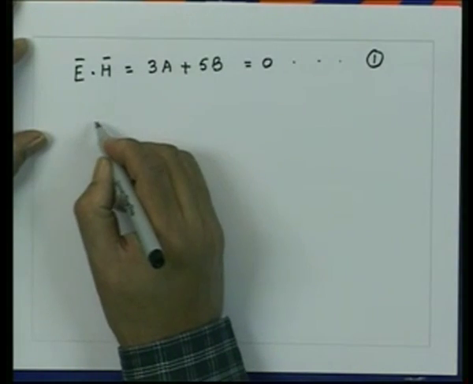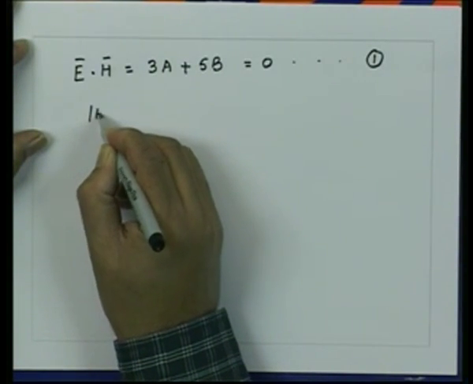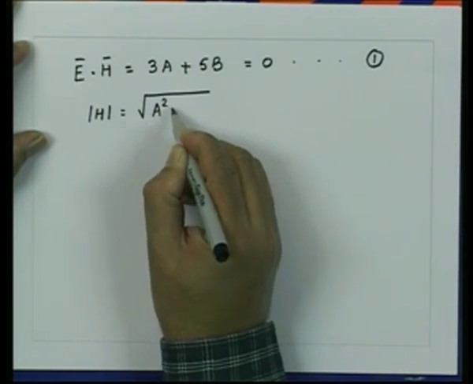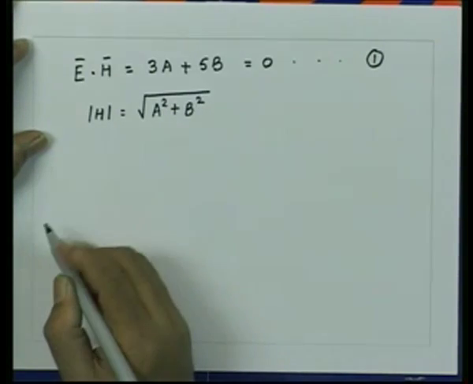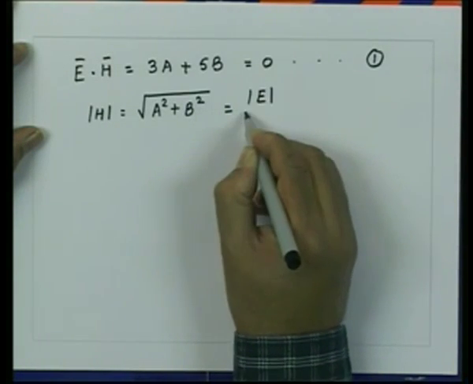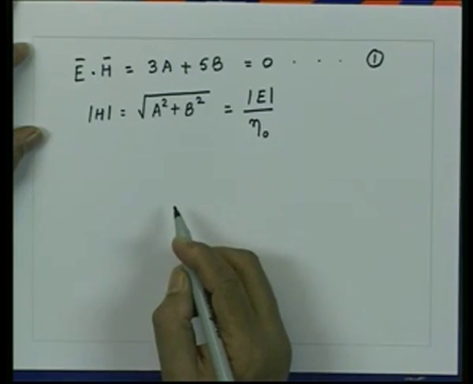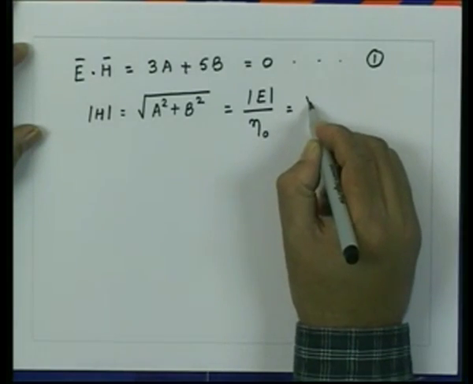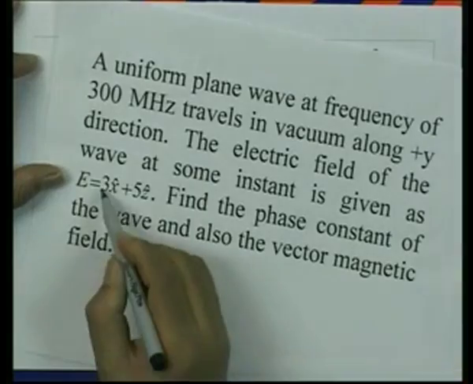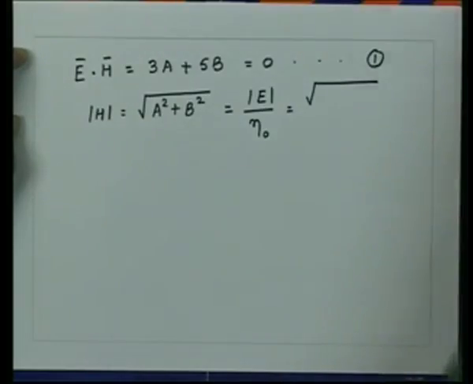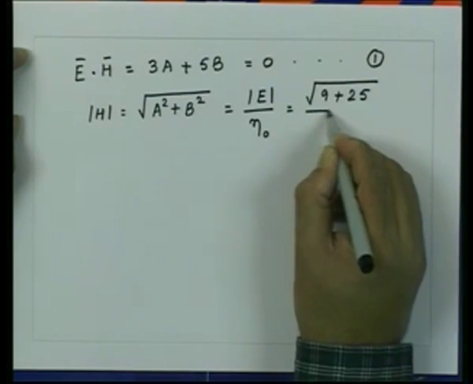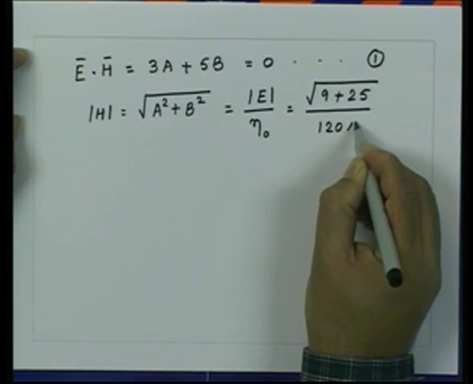From here we get mod of H equal to square root of A square + B square, that is equal to mod of E divided by eta 0, and that is equal to square root of mod of E, which is 3 square + 5 square, so this is 9 + 25, divided by 120 pi.